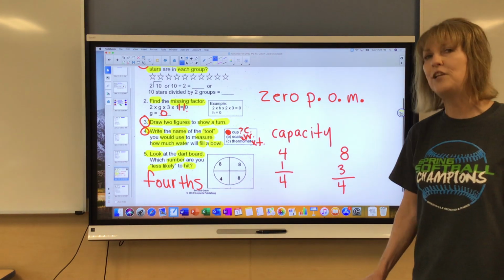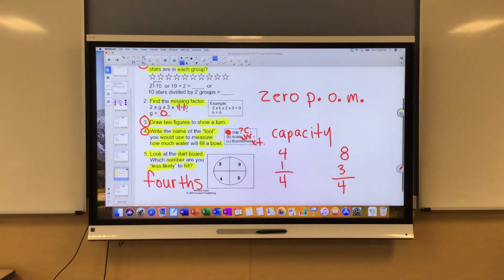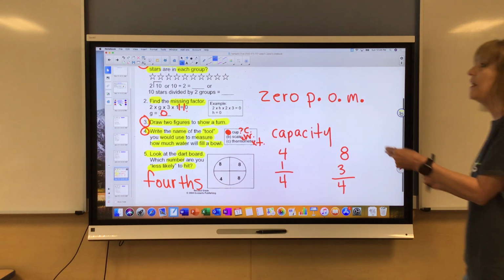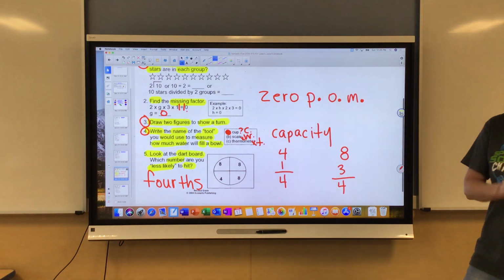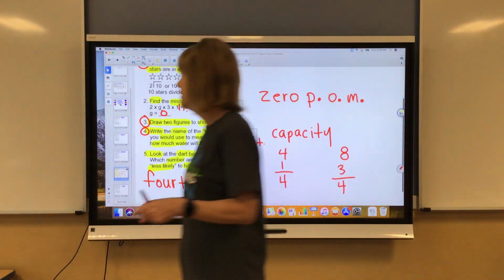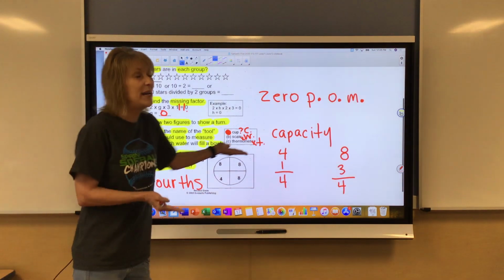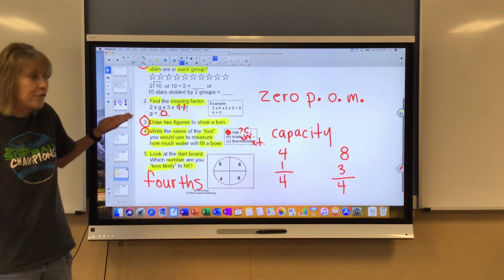So if you're throwing darts, what are you going to have a better chance of getting, Sid? Sid says, I'm going to have a better chance of getting an 8 because there are more 8s. What are you going to have a less chance to get, Spence? Spence says a 4 because there's only 1 4.